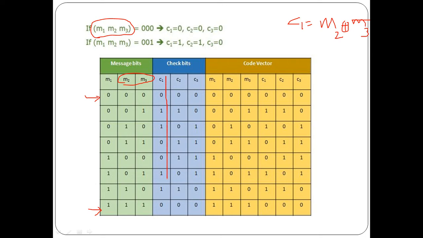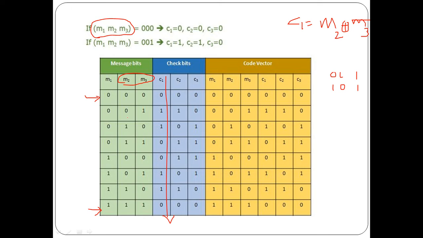C1 is this column, and it is produced by XOR operations, as you know. For different inputs, it gives output 1; for 1 0, it gives output 1. If the inputs are the same, the output is 0. If there are multiple inputs, an odd number of ones gives output 1, and an even number of ones gives output 0. So we can go with either statement.